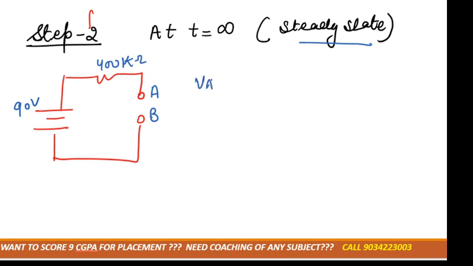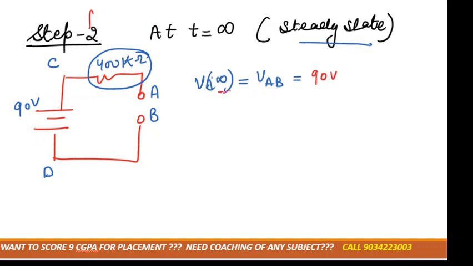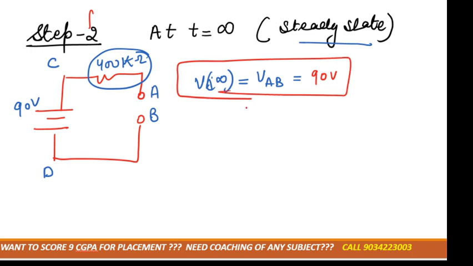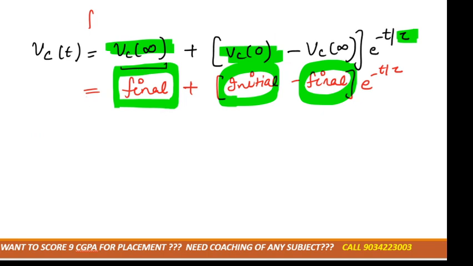Again we need to calculate V infinity. That would be equal to VAB, which is equal to 90 volts because no current is flowing across 400 kilo ohm. So VAB would be equal to 90 volts. Clear?